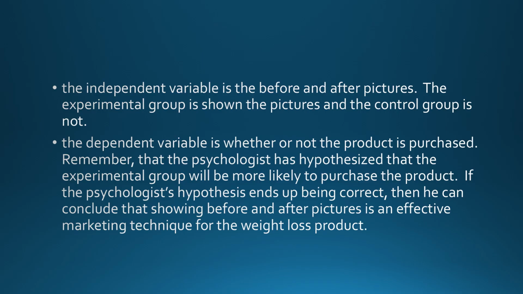The dependent variable is whether or not the product is purchased. Remember that the psychologist has hypothesized that the experimental group, the ones who are shown the pictures, will be more likely to purchase the product. If the psychologist's hypothesis ends up being correct, then he can conclude that showing before and after pictures is an effective marketing technique for the weight loss product.